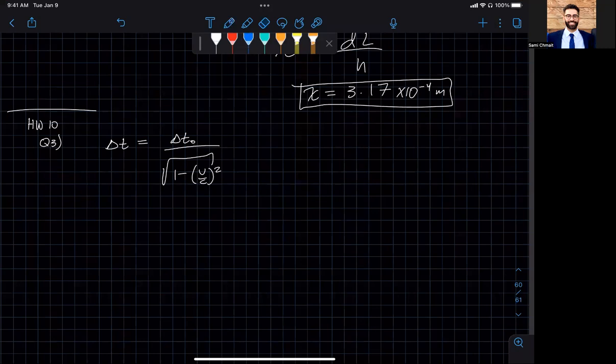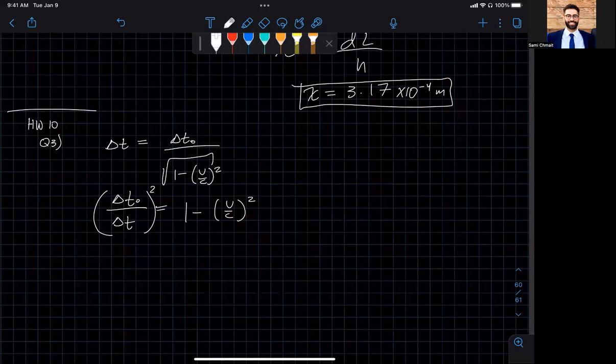And what we're looking for is some velocity. So basically what we need to do is get v to one side. It's going to take a little bit of moving things around. So let's first get our changes in time on one side, and then get rid of that square root. So delta t naught divided by delta t, squared, since we're getting rid of the square root, is going to be equal to 1 minus v over c squared.